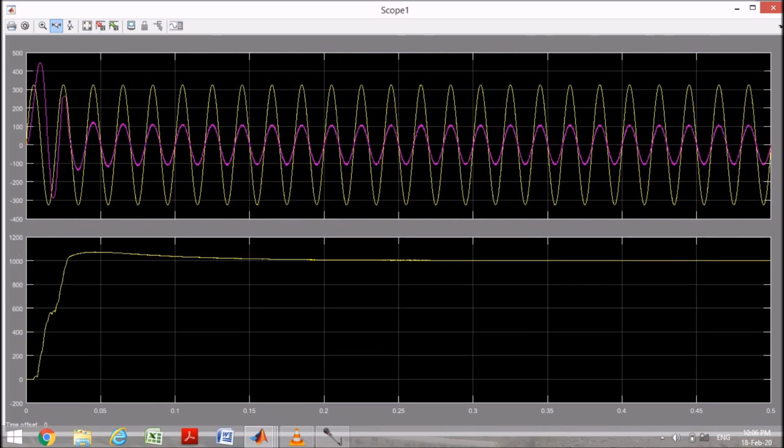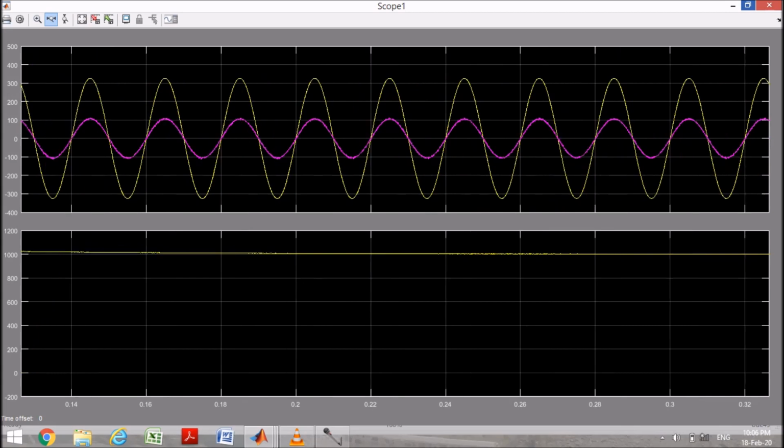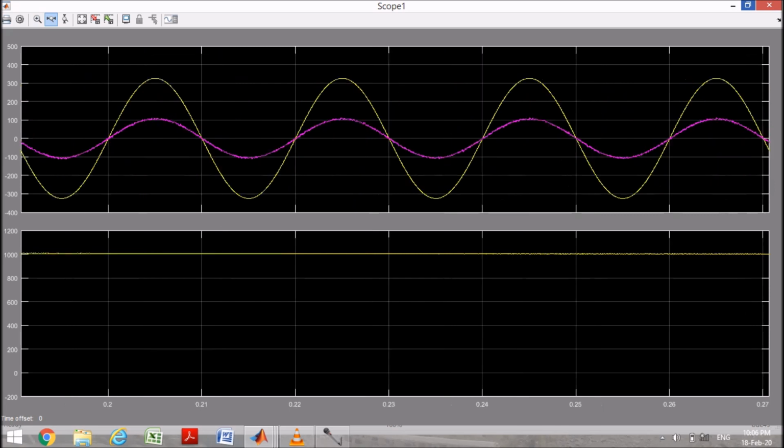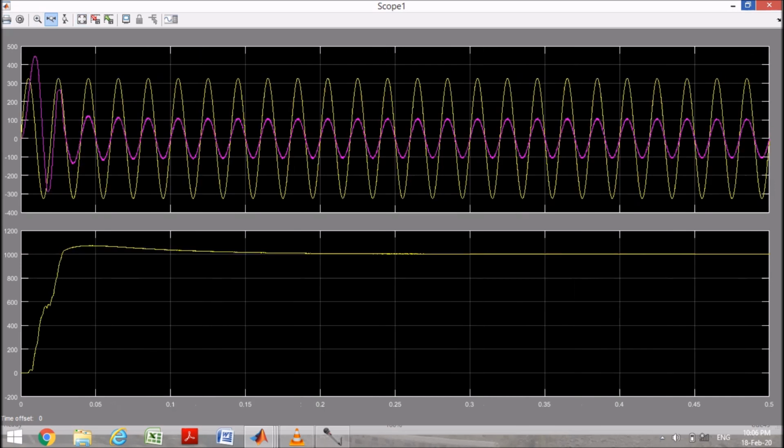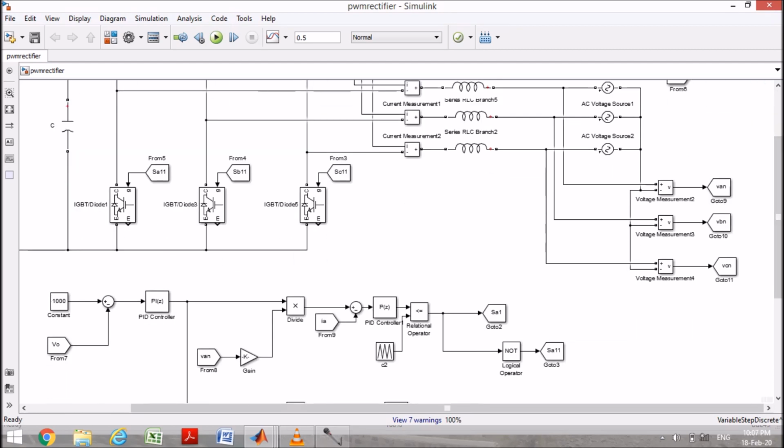See here, this yellow one is the voltage VAN, and this pink one is the current. If you observe here, both are in phase. And if you see the voltage V0, it is at 1000, exactly 1000. So you can change the reference voltage V0.